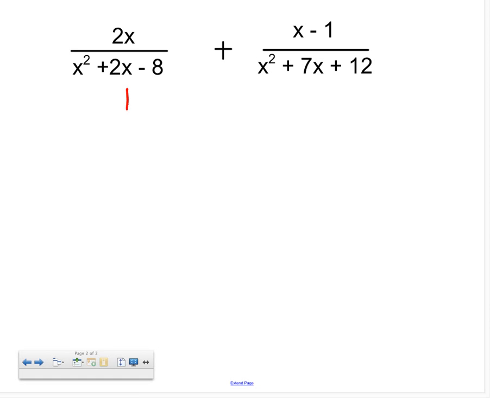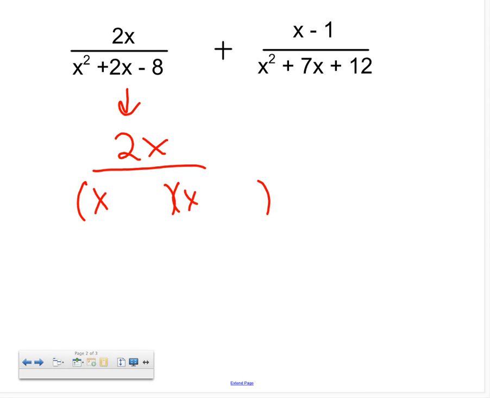So here we have x squared plus 2x minus 8. What does that factor into? Well, I have an x here and an x here, so I need to think of two numbers that multiply to -8 and add to +2. Well, if I think of numbers that multiply to 8, I think 2 and 4.